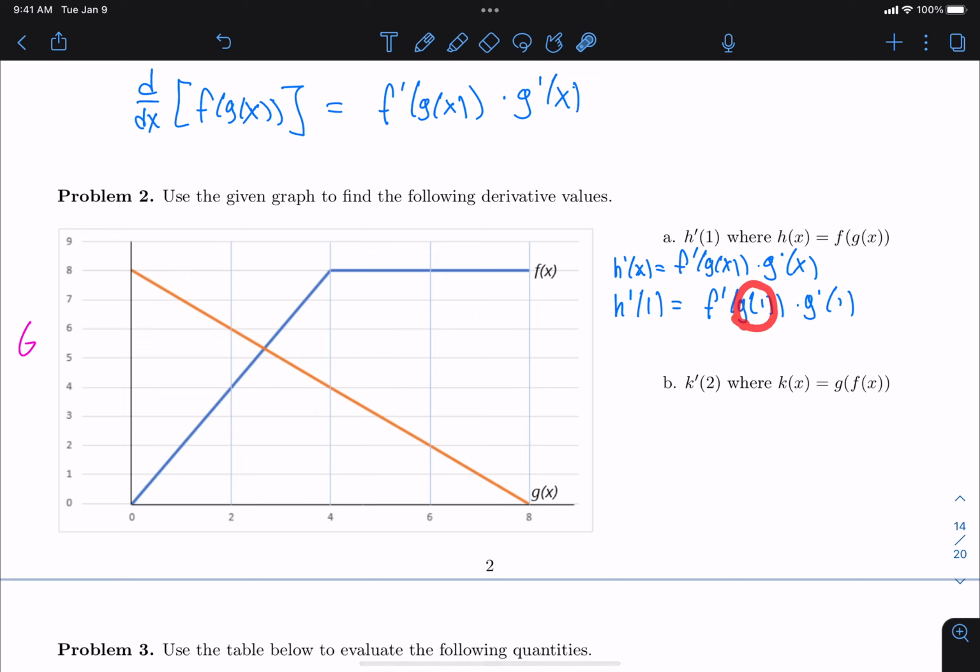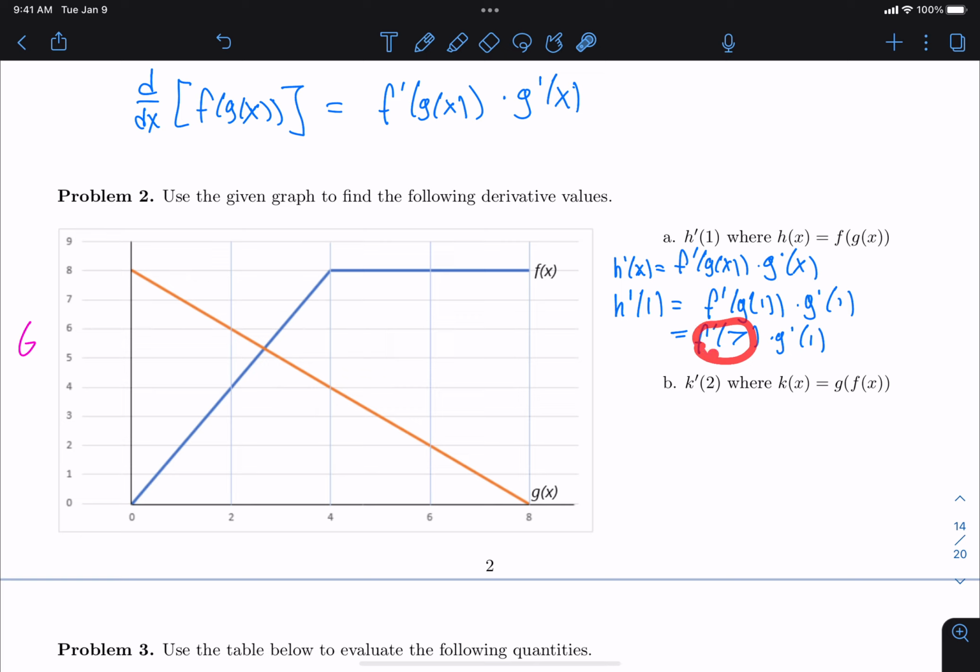g of 1 is just the height of the g function when x is equal to 1, which is 7. So I can rewrite this as f prime of 7 times g prime of 1. And now this is the tricky part. We have to be able to know what these numbers are from the graph, which requires an understanding of what the derivative tells you about the graph.